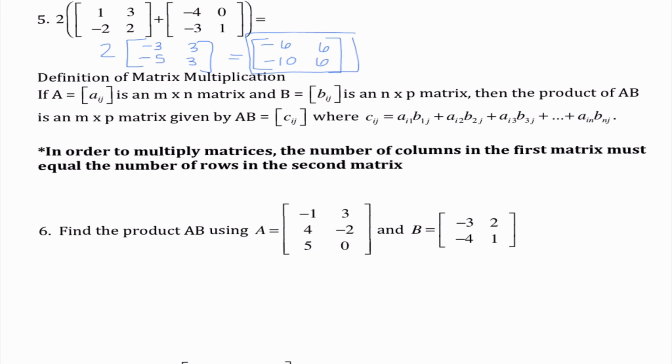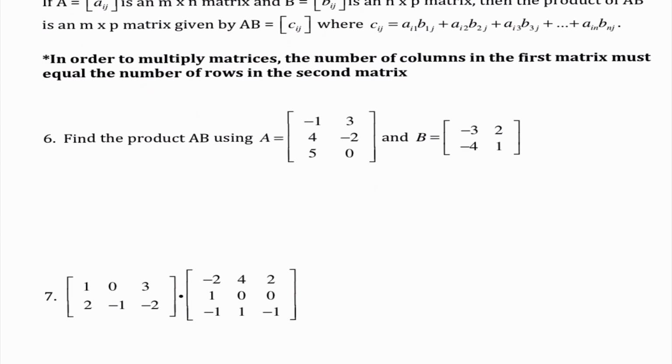First thing we need to know, and I would highlight this somehow: in order to multiply matrices, the number of columns in the first matrix must be equal to the number of rows in the second matrix. So if we look at number 6, this is a 3 by 2 matrix.